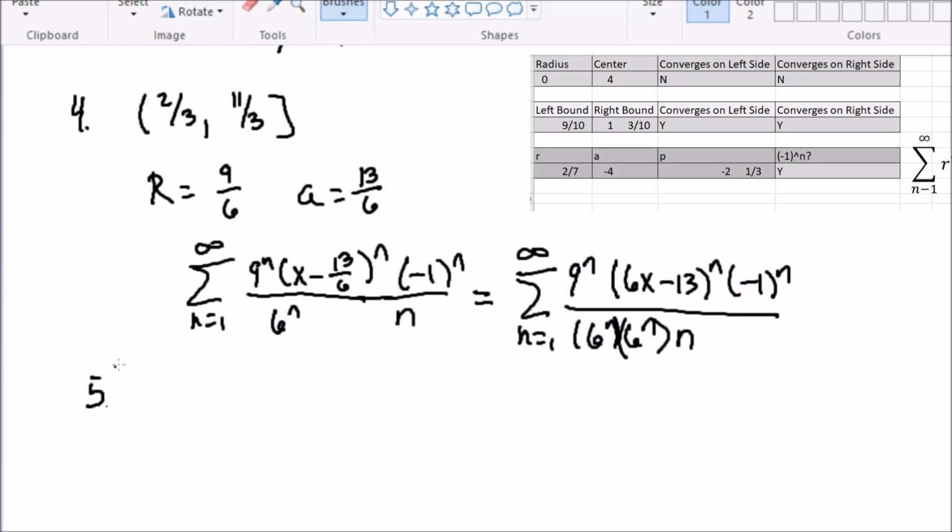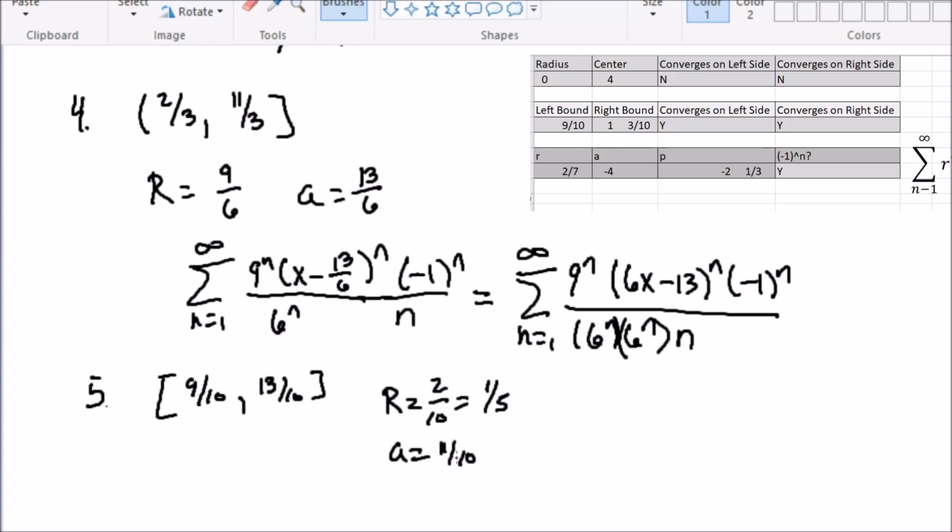So they're both convergent now, so it looks like I'm going from 9/10 to 13/10, both inclusive. So radius equals 2/10, which equals 1/5. My center A is going to equal 11/10.